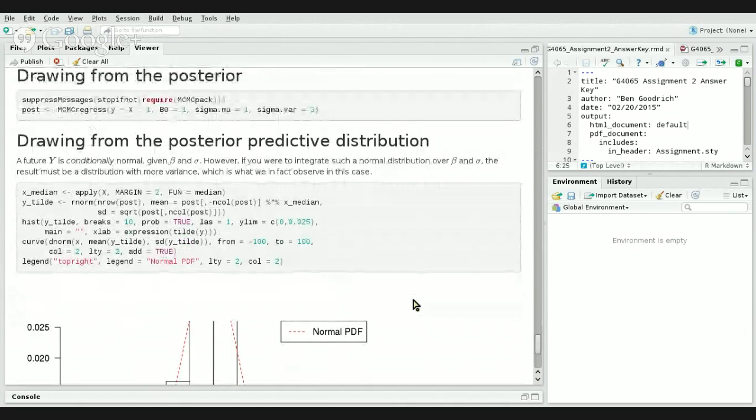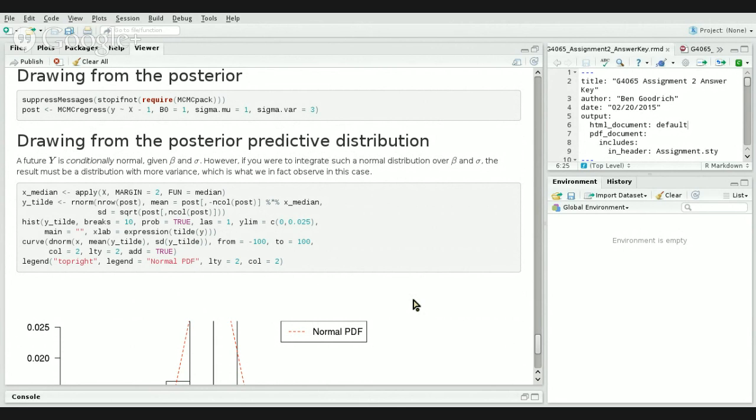Then you can draw from the posterior distribution using the MCMCregress function, which is basically just as easy to use as lm. And in this problem, the question required you to specify proper prior distributions.